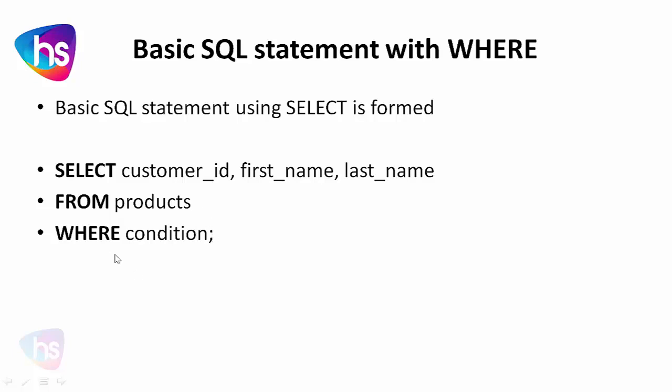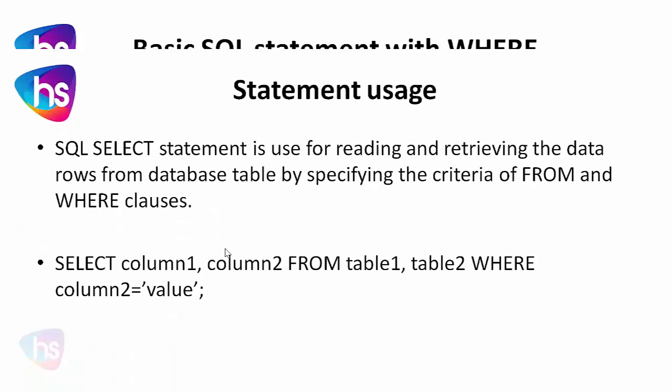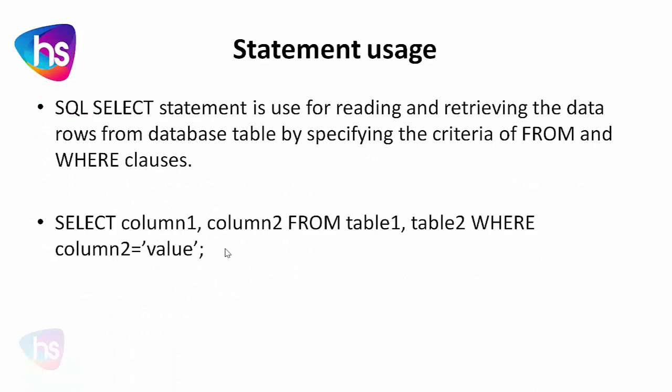Now the condition follows. When the WHERE clause is used to filter the data from the database table, we have to use a condition. The SELECT statement is used for reading and retrieving the data rows from the database table by specifying the criteria of FROM and WHERE clauses.